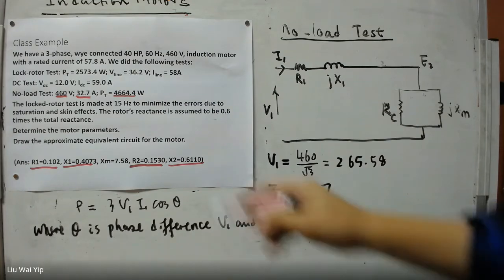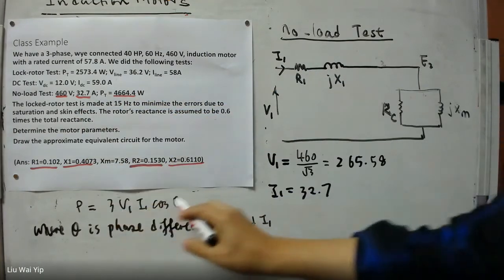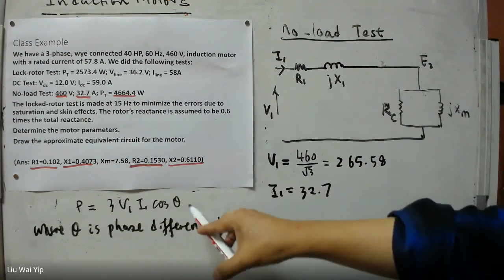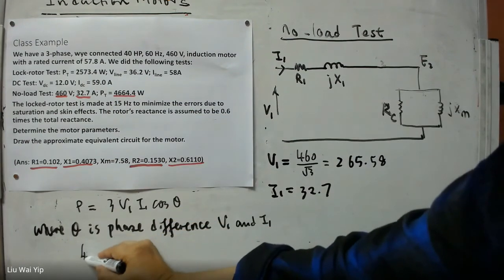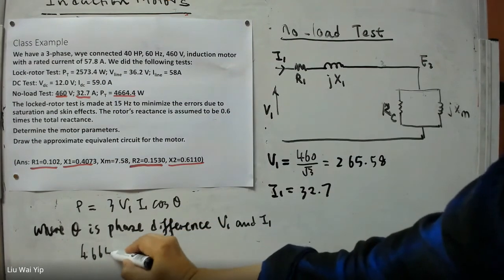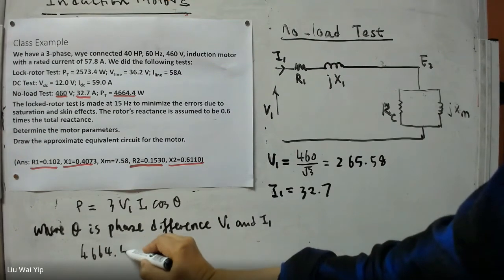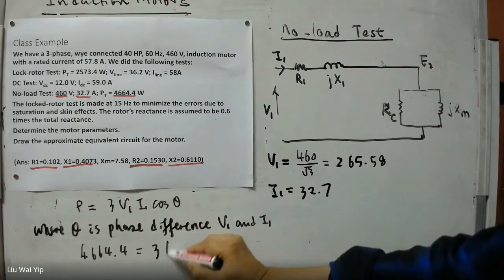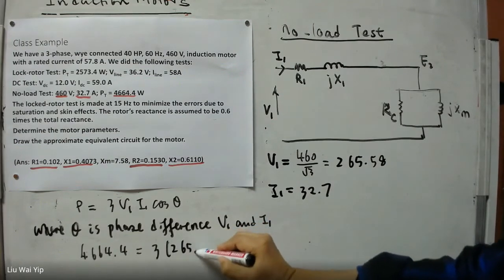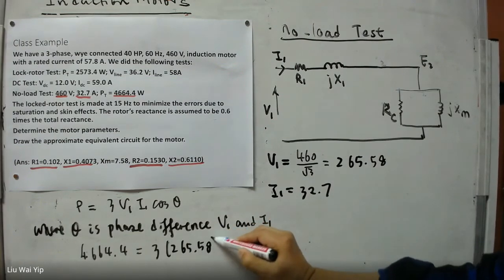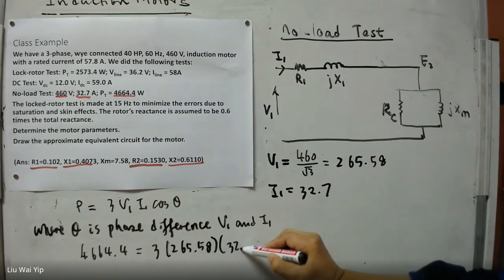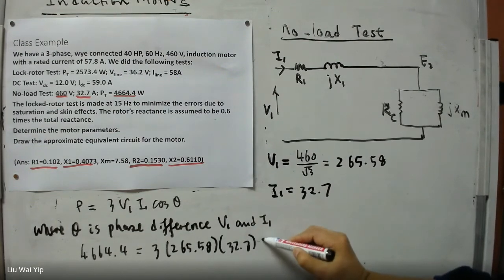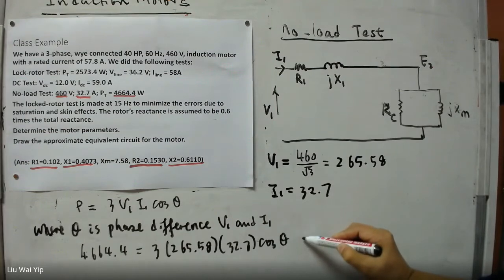And if we substitute the values into this formula, we get 265.8, 32.7, and then cos theta.